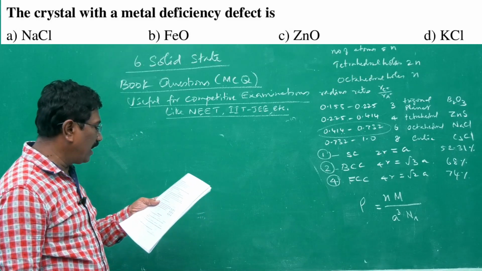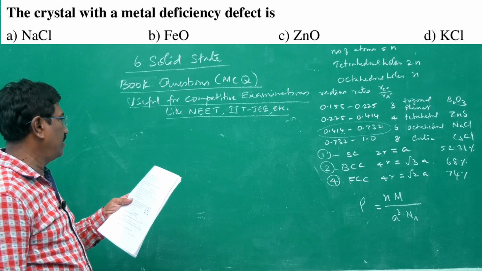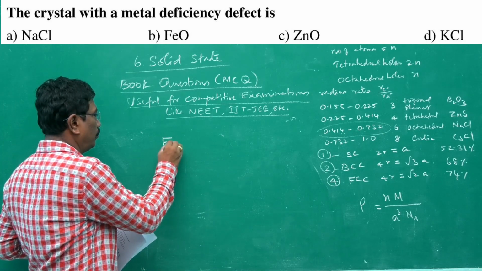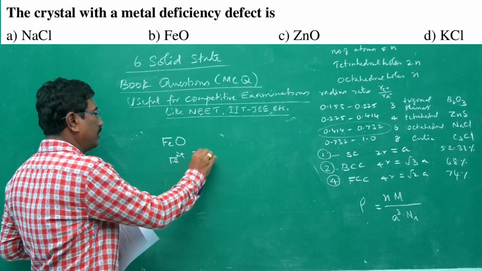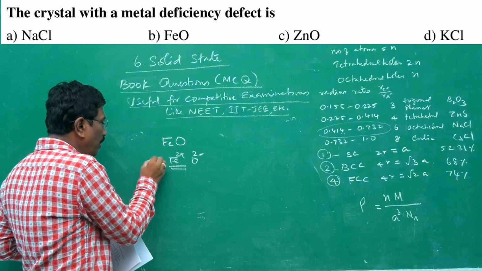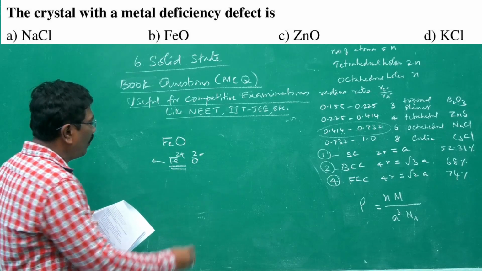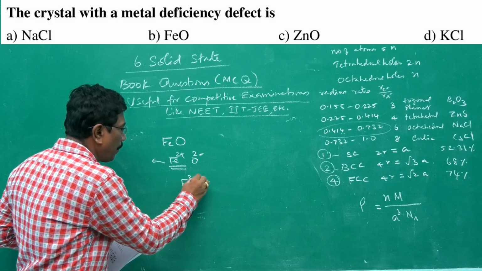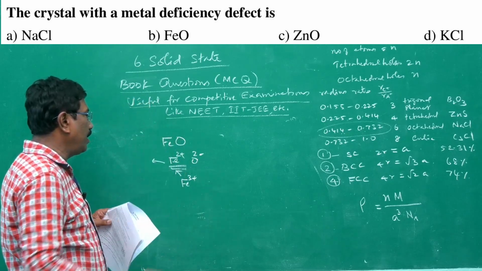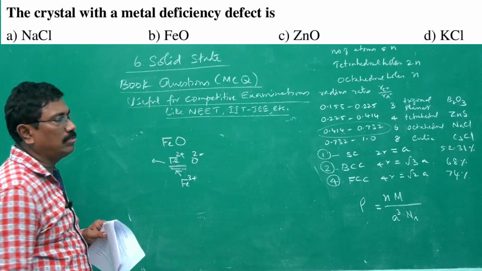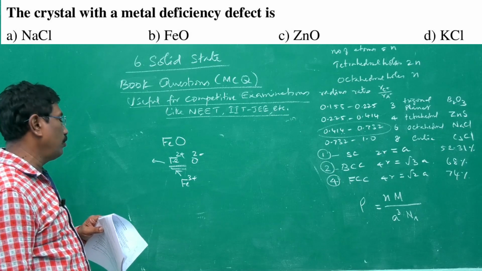The crystal with a metal deficiency defect is, we have seen already, FeO. In FeO we have Fe2 plus and O2 minus. Since Fe2 plus leaves from its regular site, a few Fe3 plus ions come in. Because of the entry of Fe3 plus, a few Fe2 plus ions have to go out.